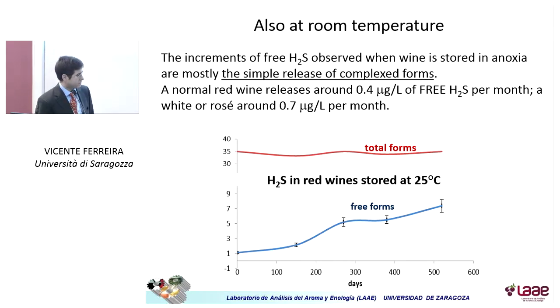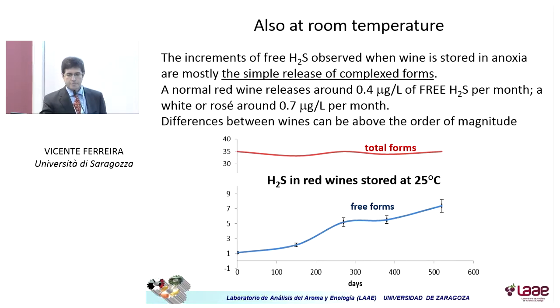Quindi per un vino rosso c'è un rilascio di idrogeno solforato libero di circa 0,4 microgrammi litro per mese, mentre in un vino bianco e rosato può arrivare a 0,7 microgrammi litro per mese. And differences between wines can be higher than 1 order of magnitude. Ma le differenze tra un vino e l'altro possono essere superiori anche a un ordine di grandezza.